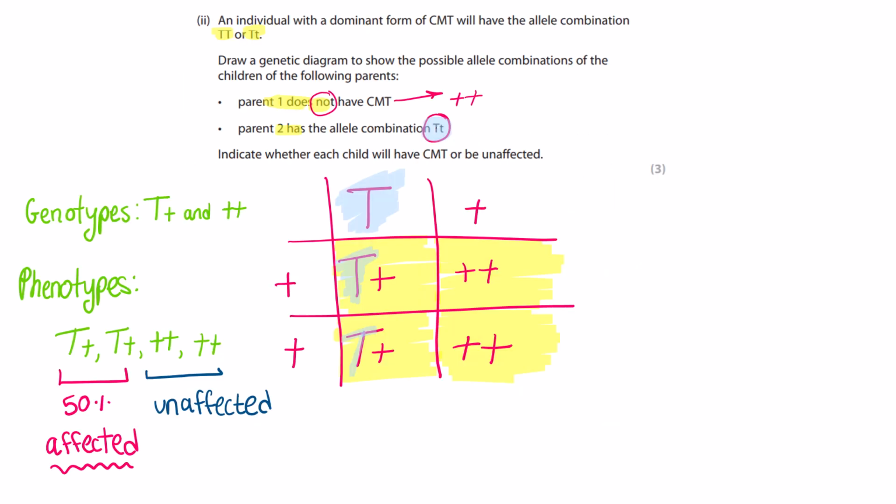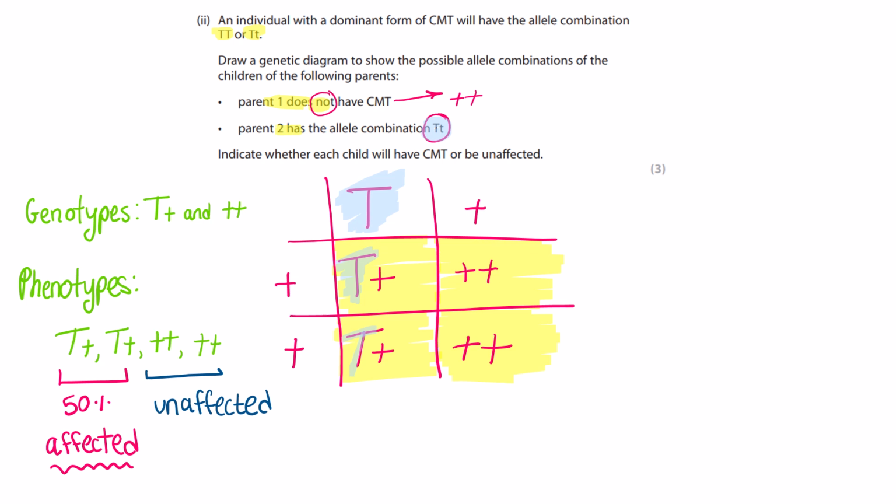An individual with a dominant form of CMT will have the allele combination capital T capital T, remember, that's going to be homozygous dominant, because they're the same, homo meaning same, or capital T, lowercase t, which is heterozygous, hetero meaning different. So, draw a genetic diagram to show the possible allele combinations of the children of the following parents. One parent does not have it, which is going to be lowercase t, lowercase t.